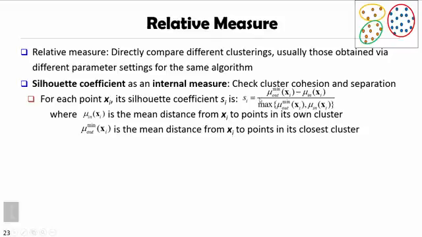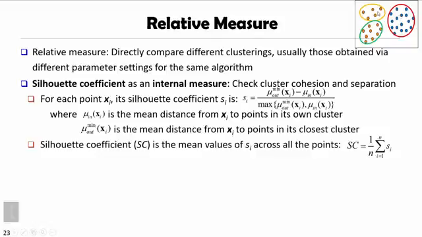Then we normalize it. We divide by the max value between mu out and mu in. So it simply says this division must be smaller than 1. On the other hand, if it's closer to 1, it's better, because the internal is very compact and the outside is reasonably far.